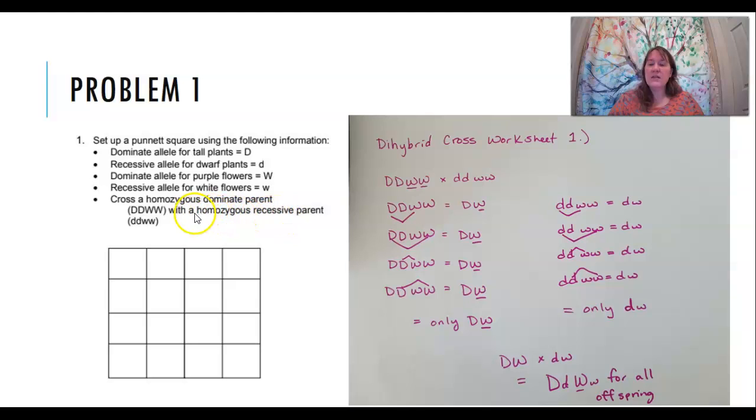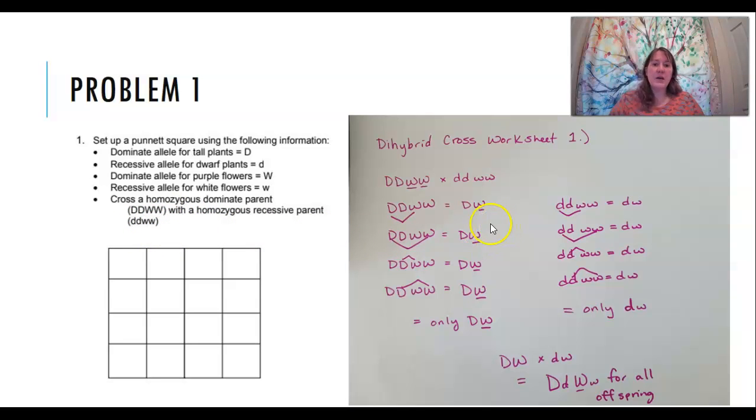Homozygous recessive means that this person got a little d from mom and a little d from dad, a little w from mom and a little w from dad. So the only thing that this parent has to offer is all homozygous recessive traits, all the same for both recessive traits.